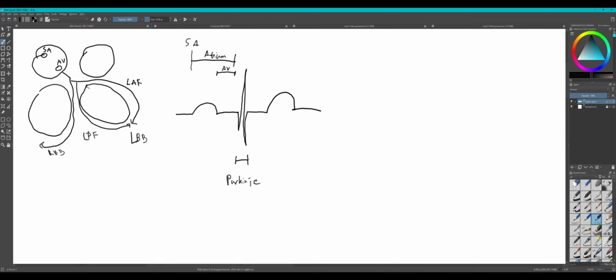This entire portion is the ventricle. Actually, it's more like here. Give me a sec. This is the ventricle firing. And the T wave is the relaxation of the whole system.